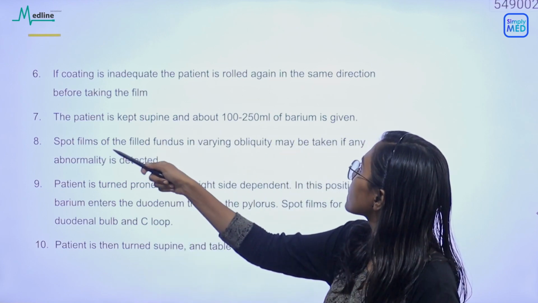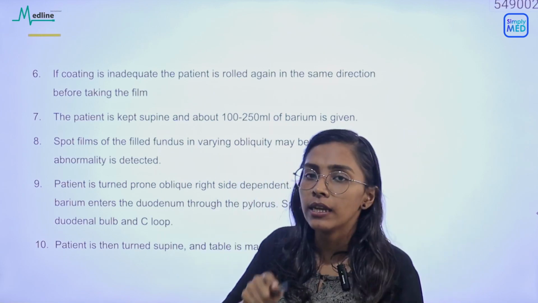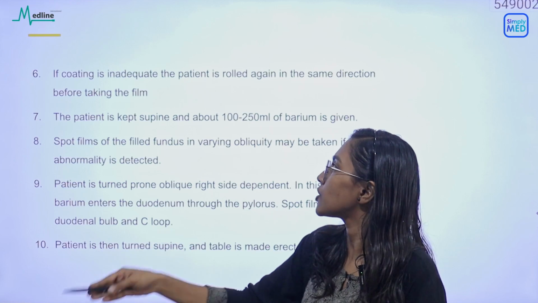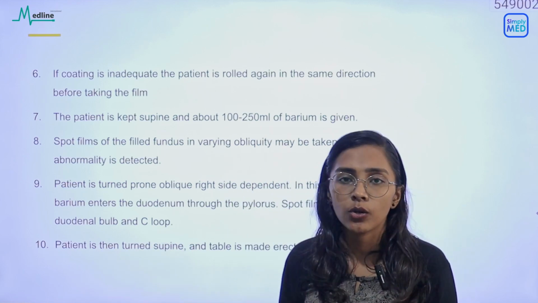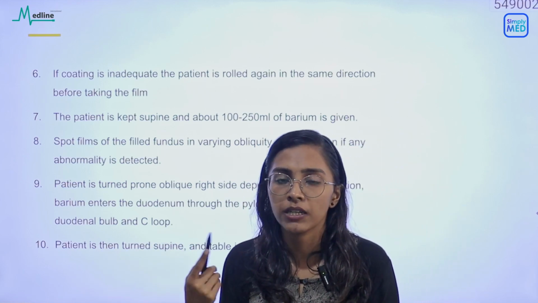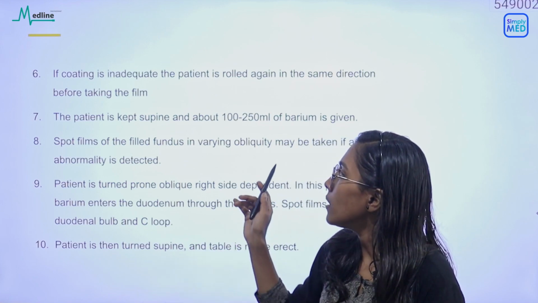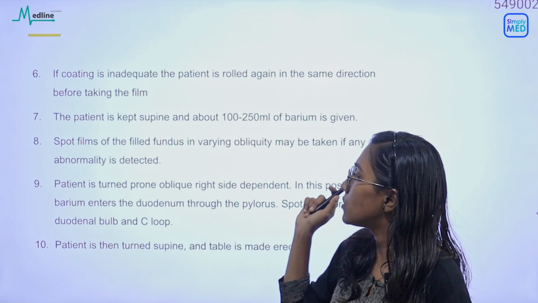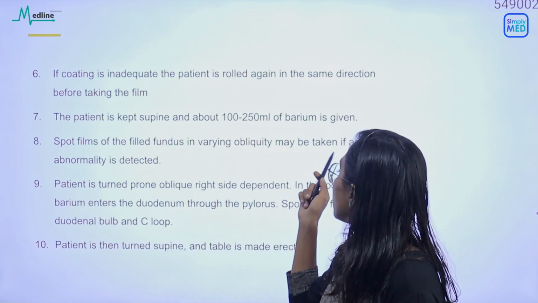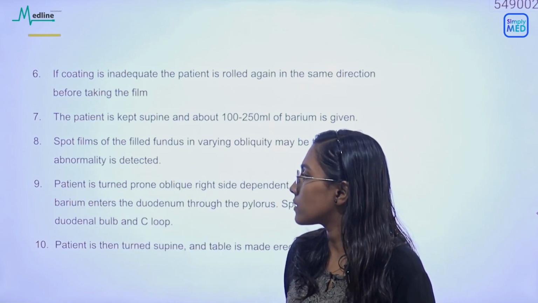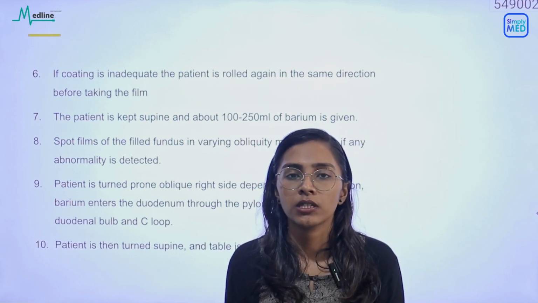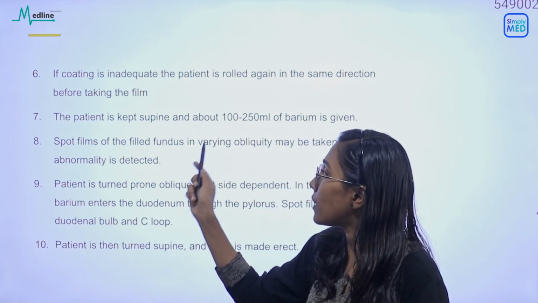So we'll roll the patient again in the same clockwise direction, and then we'll keep the patient supine, and around 100 to 250 ml barium suspension is given again. Okay, then spot films of the filled fundus in varying obliquity may be obtained in case any abnormality is detected. So after lying the patient supine position, we'll take spot films for the fundus.